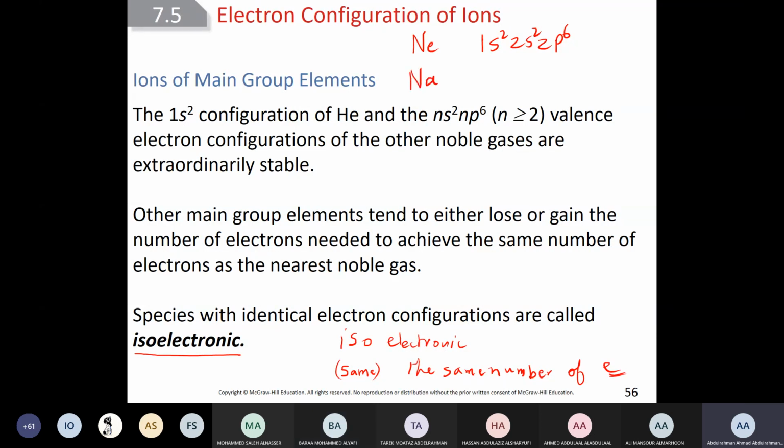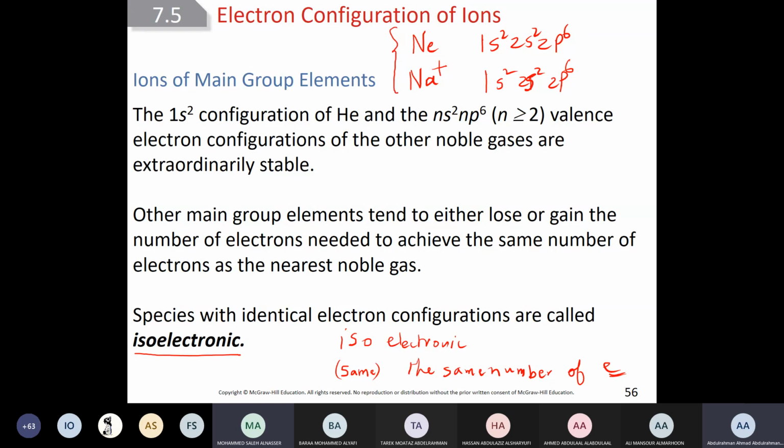What's the electronic structure of sodium? 1s2, 2s2, 2p6, 3s1. Fantastic. Now tell me the electronic structure of Na plus. It is 1s2, 2s2, 2p6, exactly like neon.